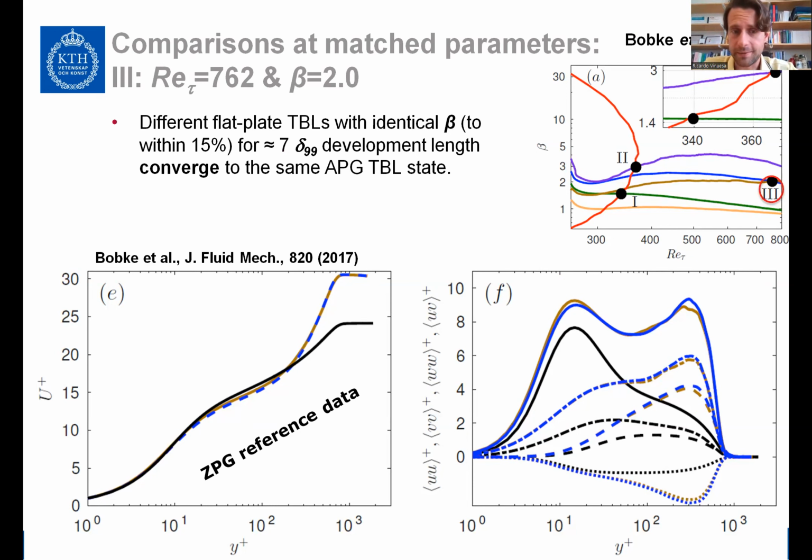It shows that if we look at the statistics, they actually match quite well, the blue and the brown lines. And that shows that it's actually possible to converge to a sort of canonical APG state, in this case with beta 2, even if the upstream history is a bit different, as long as you maintain for quite some streamwise development the same flow history, the same pressure gradient conditions.